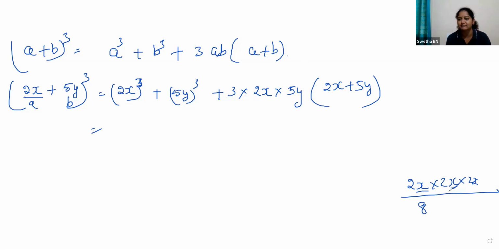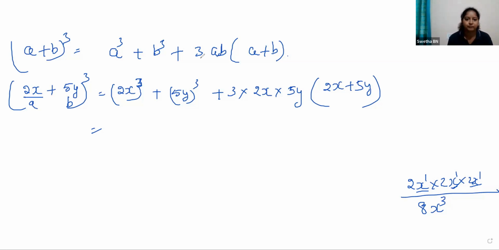x into x. What is x into x? Ma'am, x square. x square into x is? x cube. Very good. So we have to add the powers. See, variables are same. When the bases are same, you have to add the powers. That is 1 plus 1 plus 1 is 3.